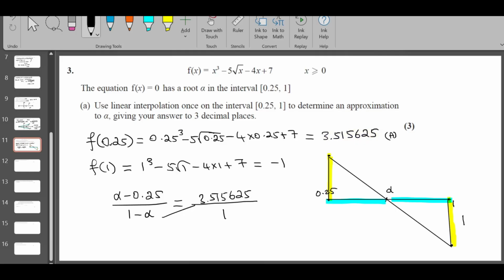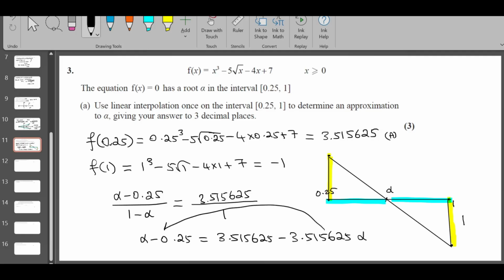And we are going to cross multiply. So alpha minus 0.25 is 3.515625 minus 3.515625 alpha.